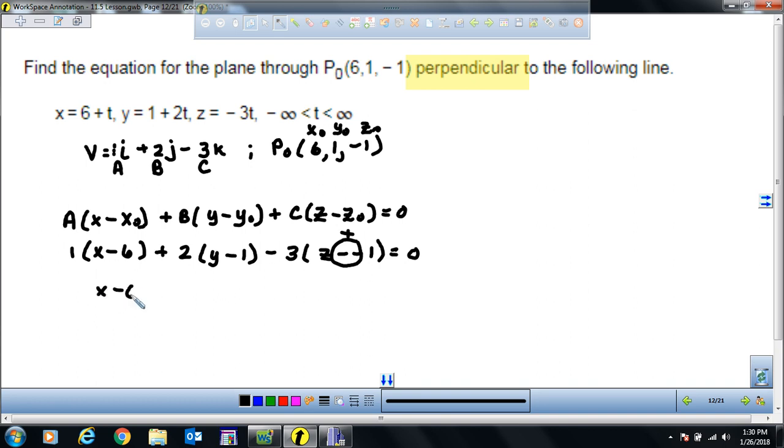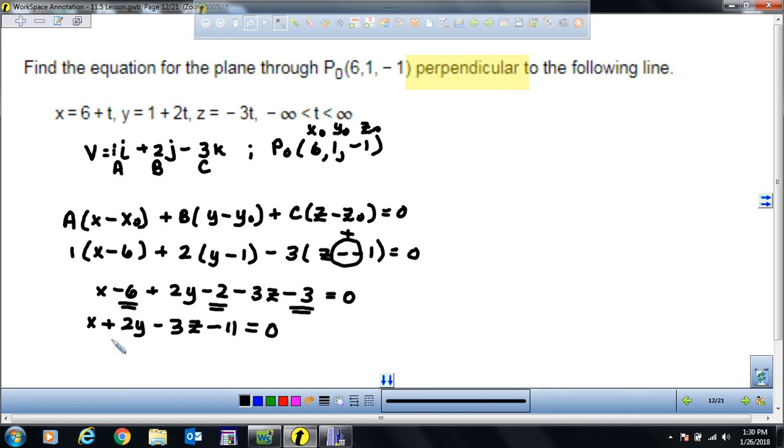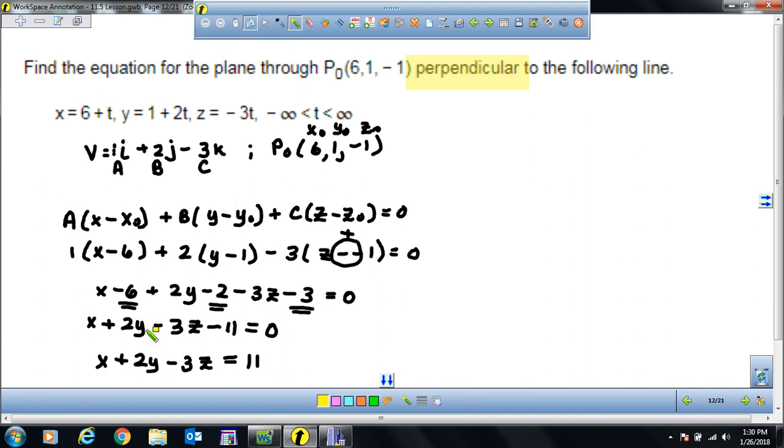It gives us x minus 6 plus 2y minus 2 minus 3z, then minus 3 equals 0. Then we put the x's, y's, and z together, and the constants: negative 6 minus 2 is minus 8, minus 8 minus 3 is minus 11, equals 0. We move the 11 over to the other side, and that gives us the following plane: x plus 2y minus 3z equals 11.